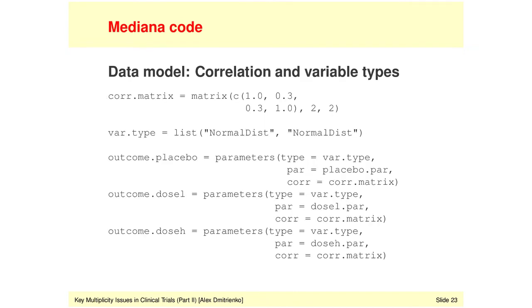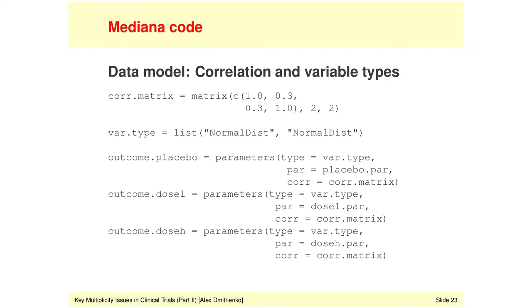In addition to the marginal distributions of the primary and secondary endpoints, we also need to provide information about their joint distribution. That means that we need to specify the correlation matrix. In this particular case, we assume, based on historical data, that the correlation between the primary endpoint and the secondary endpoint is 0.3.